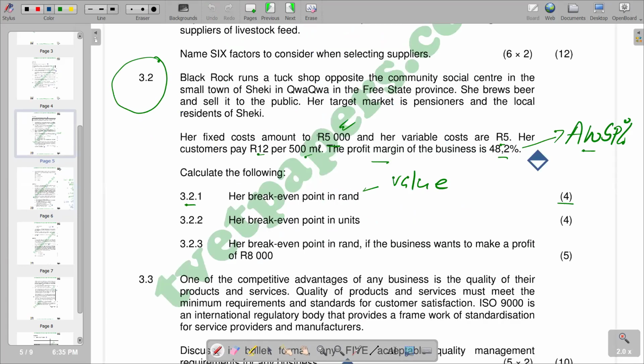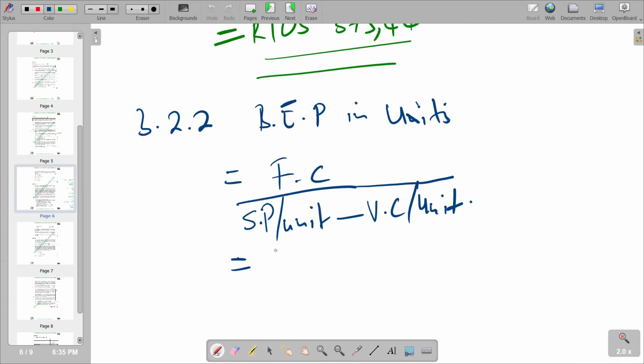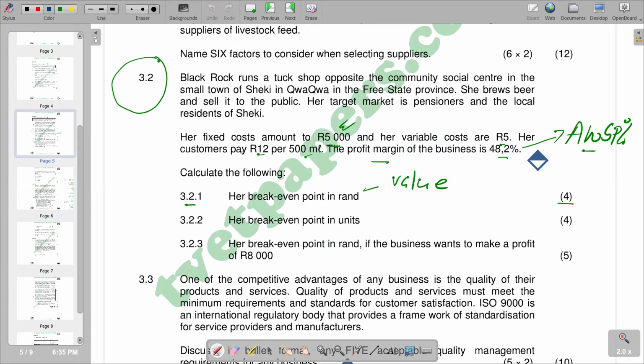So it's 5,000 that we have there. We put our 5,000 as our numerator. For the selling price per unit, you are given here that customers pay 12 rand per 500 mils, which means this is going to be your selling price. And then the variable cost was given here as 5 rand. So we are saying 12 minus 5 as our denominator.